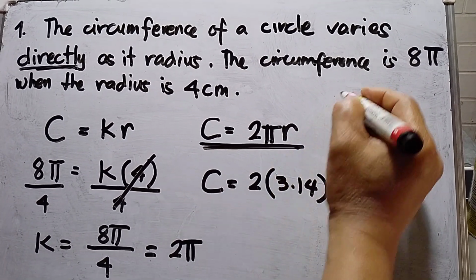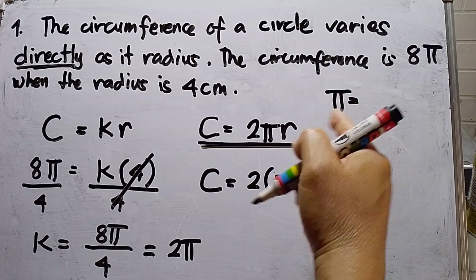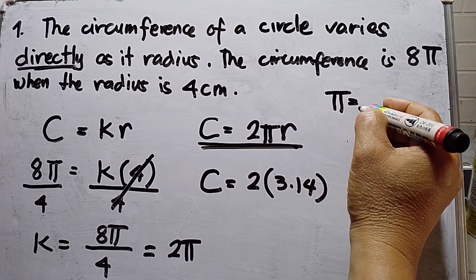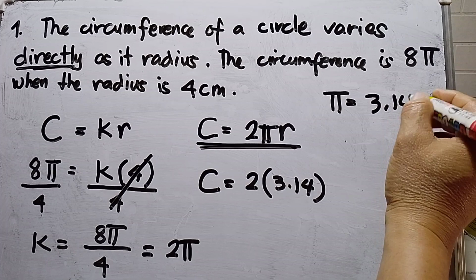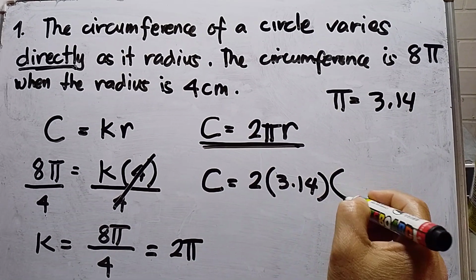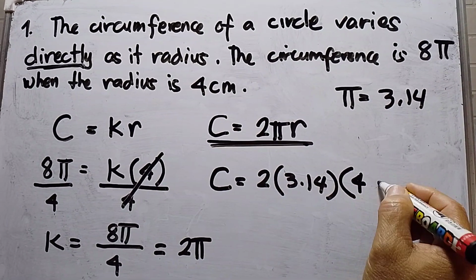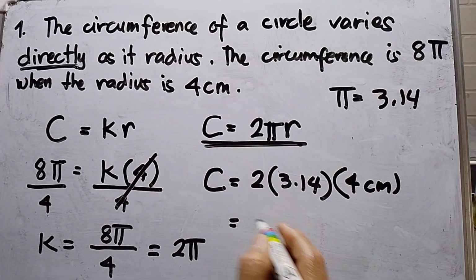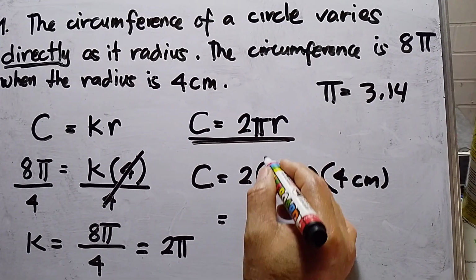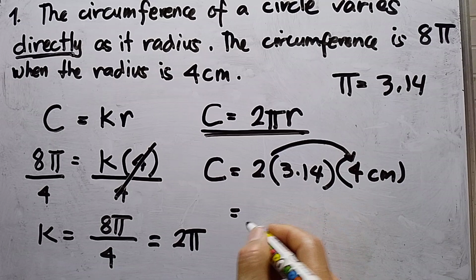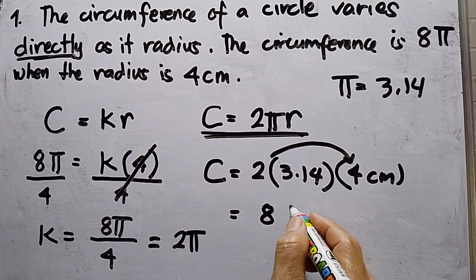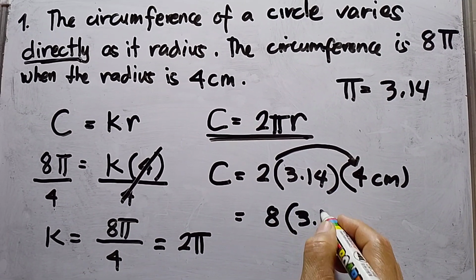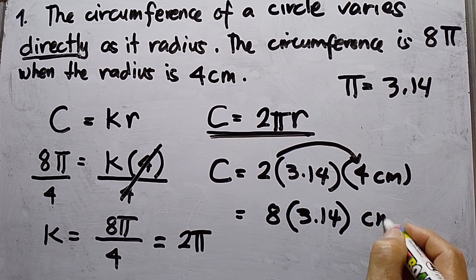We know that pi, for some countries they use P, is equal to 3.14. And then the radius is 4 centimeter. I will multiply this first because this is very easy, times 3.14 centimeter.